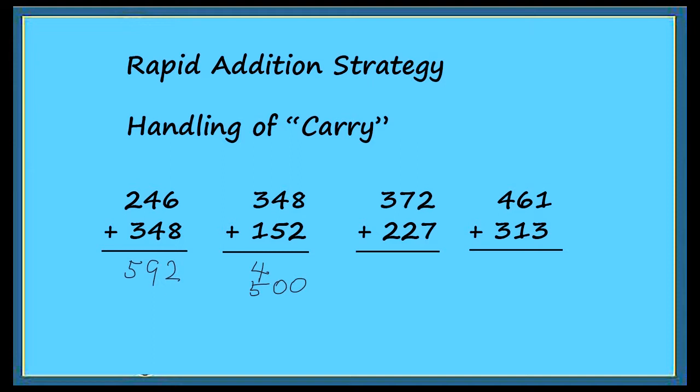Now this one's 5 and 9, 9. So 7, 7, 4. So you can do it from left to right. All the addition and subtraction in the rapid method we do left to right.